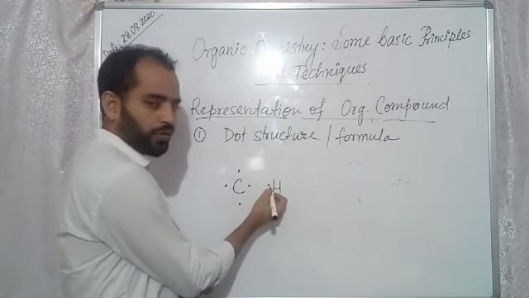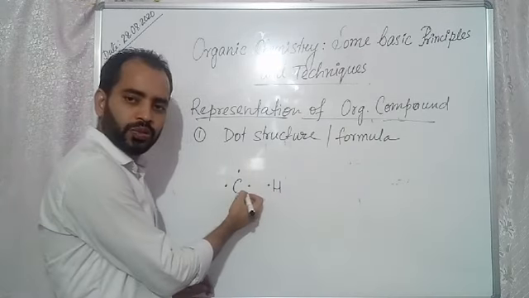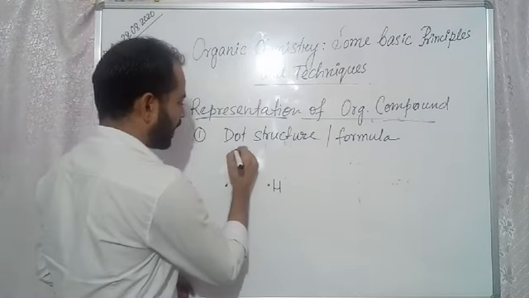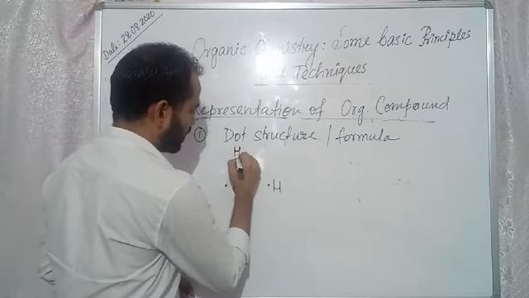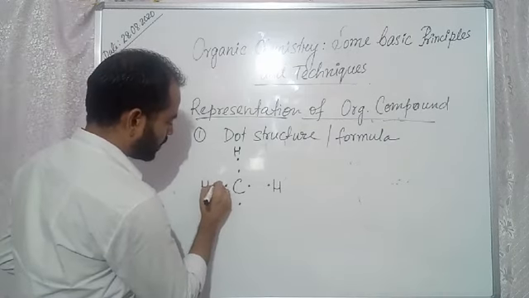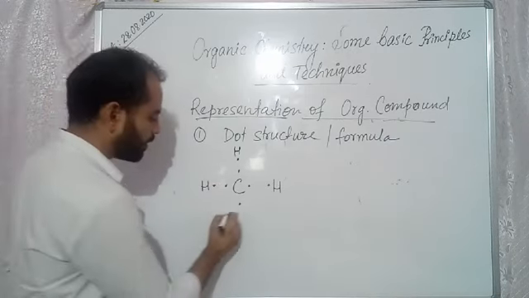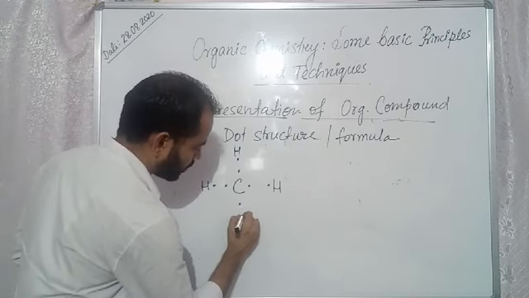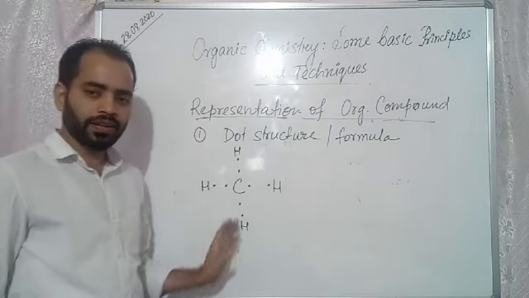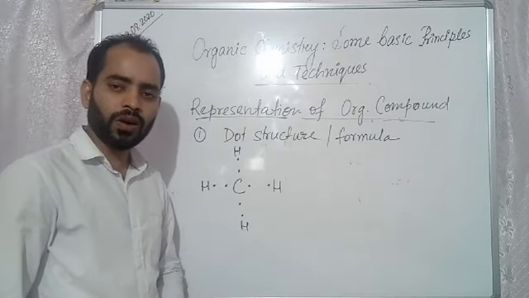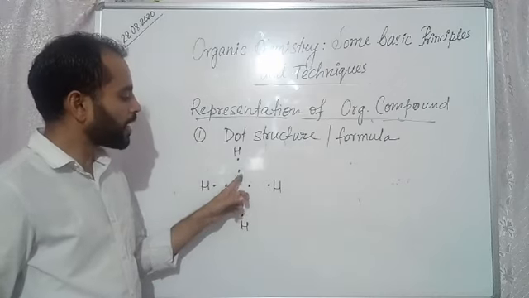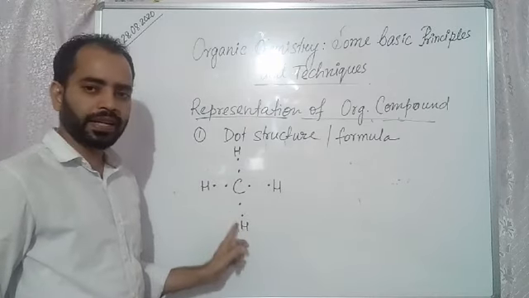Therefore, this hydrogen will share its electron with the carbon. Similarly, another hydrogen will share its electron with carbon. Another hydrogen will share its electron with carbon, and one more electron will be shared by another hydrogen. This is the structure of the methane molecule. By doing this, carbon has completed its octet.